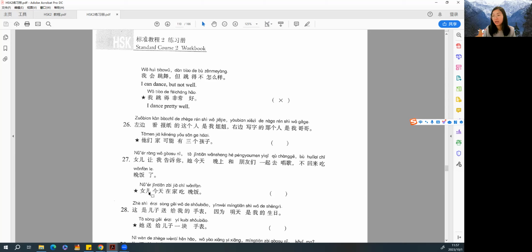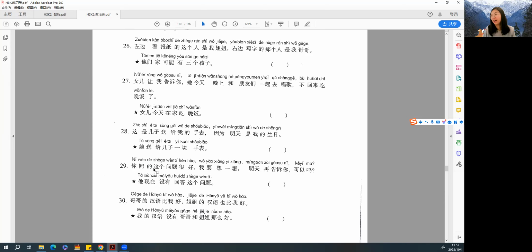So here, 女儿今天在家吃晚饭 is totally wrong. It's not correct because 女儿和朋友们去唱歌, to sing with the friends, not come back and eat dinner. All right, so the next question.